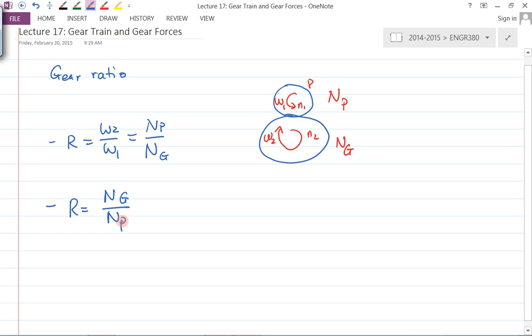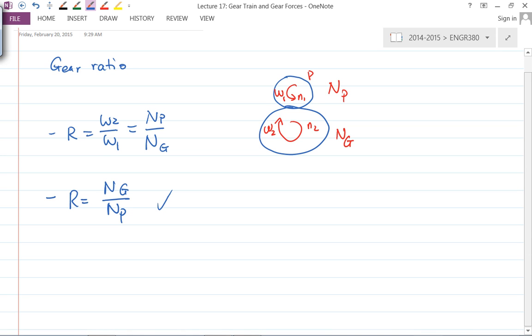The first one uses the output angular velocity over the input angular velocity, but we're going to use the bottom one, generally.